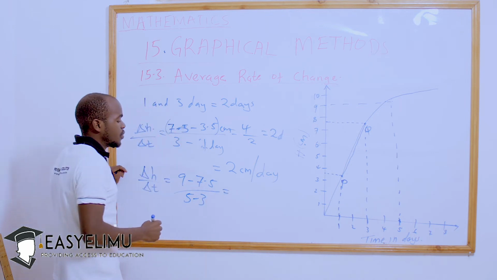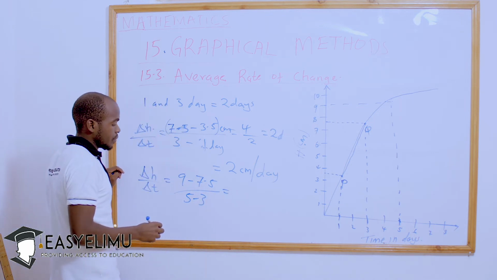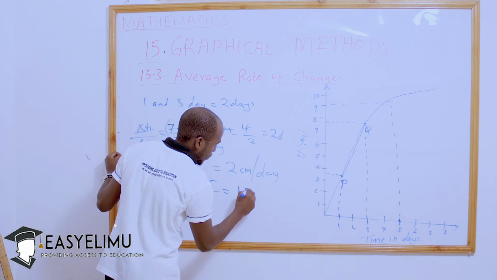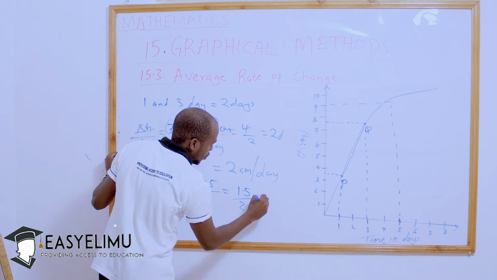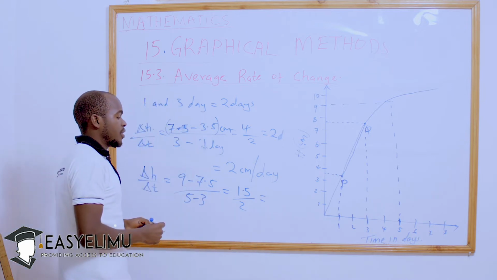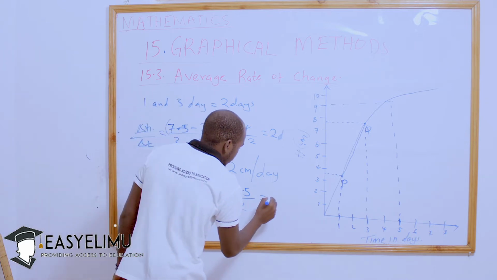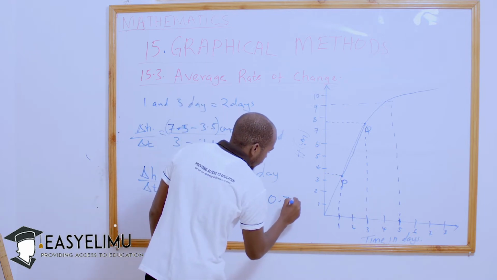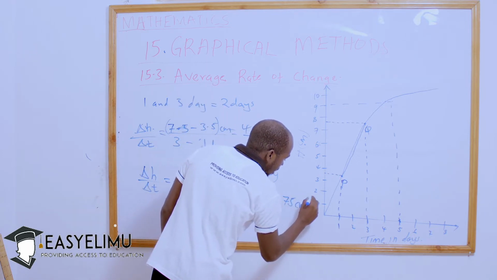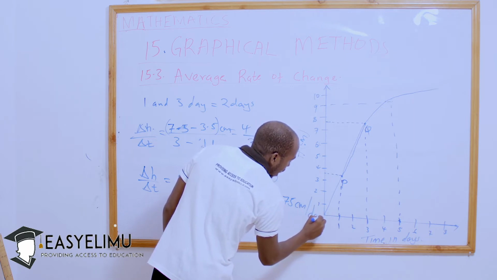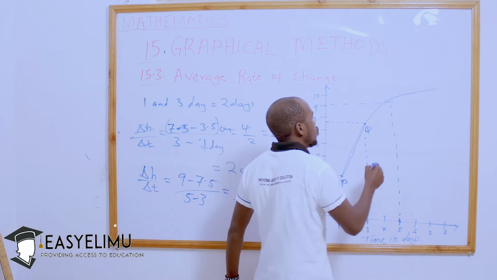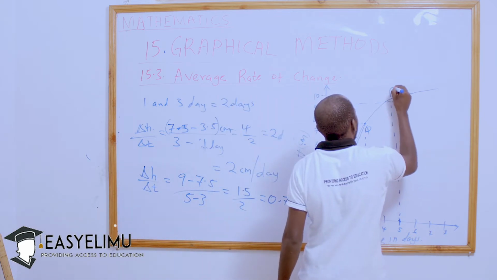So you will find this one is going to give you 1.5 over 2. On working out, you will arrive at 0.75 centimeter per day. As you can see, between P and Q, let this one be R.